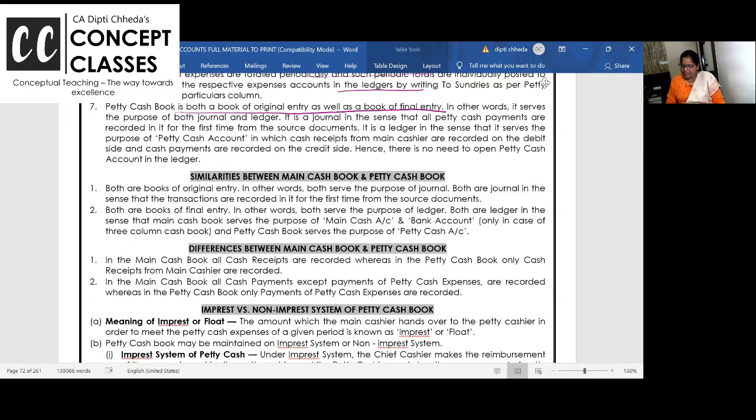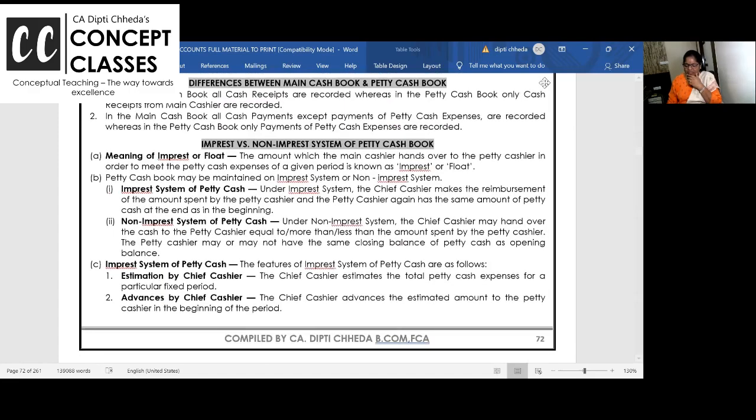What is the similarity between the main cash book and petty cash book? Both the books are original entry. You know, you're recording some journal entries in the petty cash book. In the main cash book, also you are recording. Differences between the main cash book and the petty cash book is, in main cash book, all the cash receipts are recorded, whereas in the petty cash book only receipts from the cashiers are recorded.